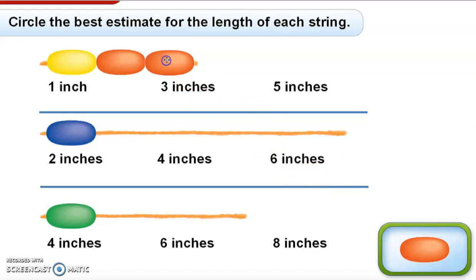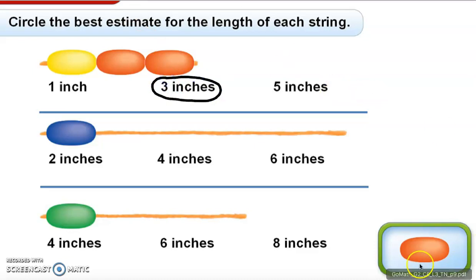For the most part, that string is pretty much covered up, right? Now we can count the beads. 1, 2, 3. So our best estimate option here would be that the string is 3 inches long.